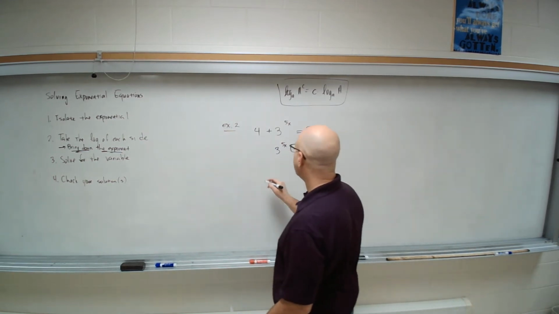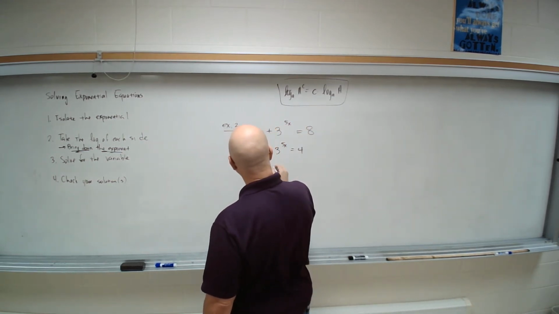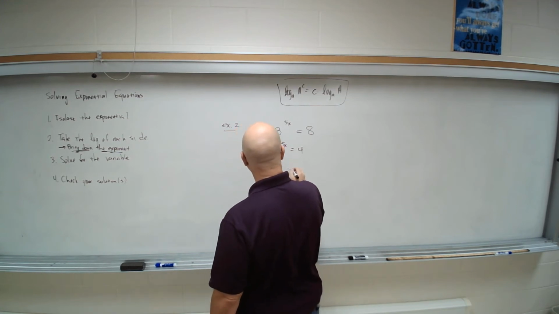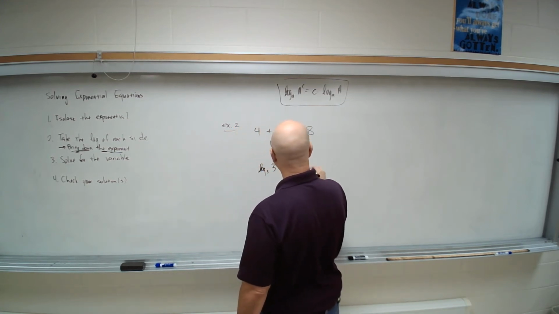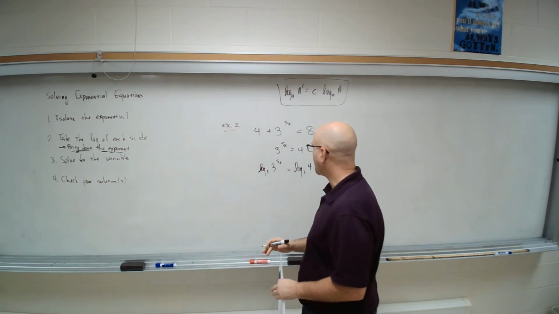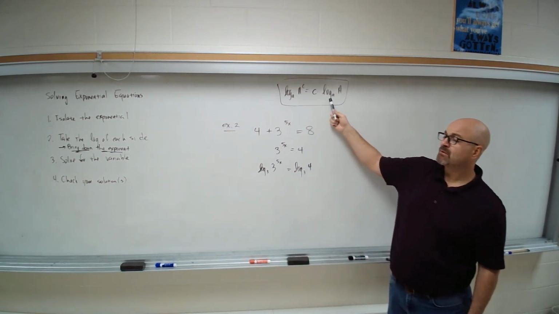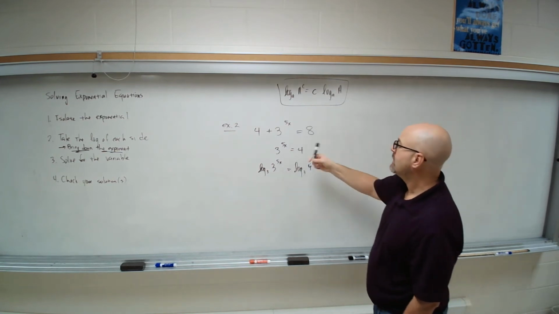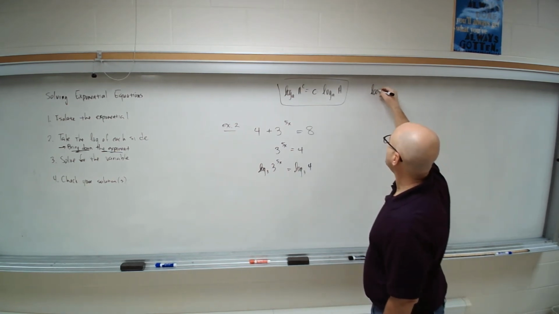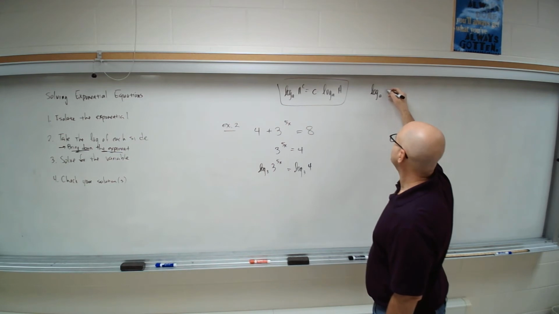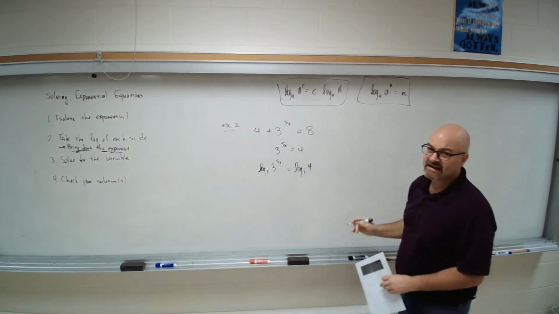So to do that, you could take the log base 3 of 3 to the 5x, and then the log base 3 of 4. The advantage being is now instead of using this rule to bring down the exponent, we know that if you have a log base a of a to the nth power, you just get n, correct?